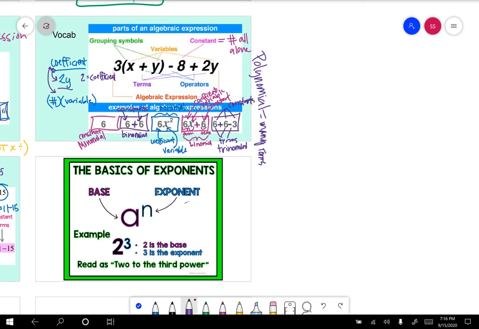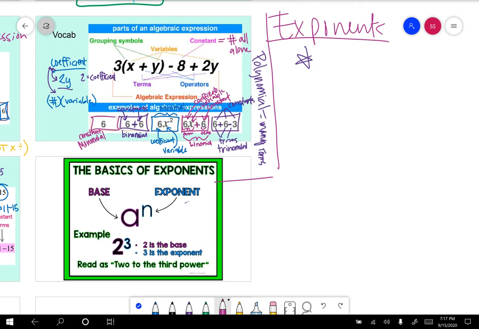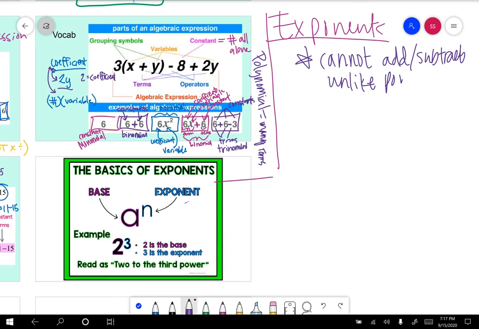Now we get to the slightly more hairy things with exponents. This is one of the reasons we talked about like terms. With exponents, you cannot add or subtract unlike powers.